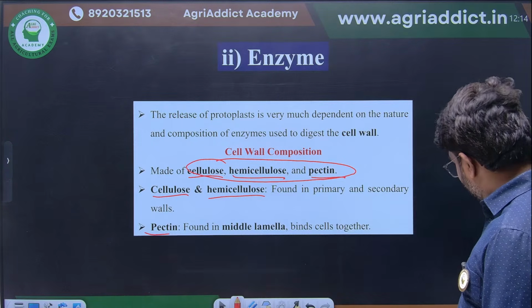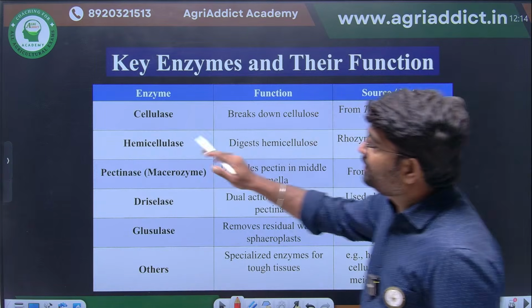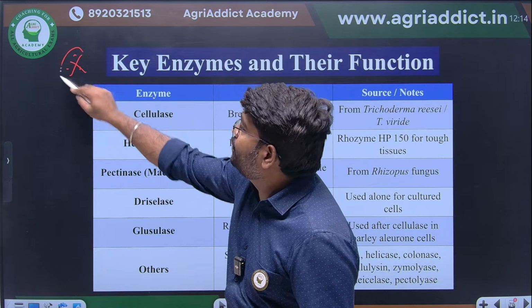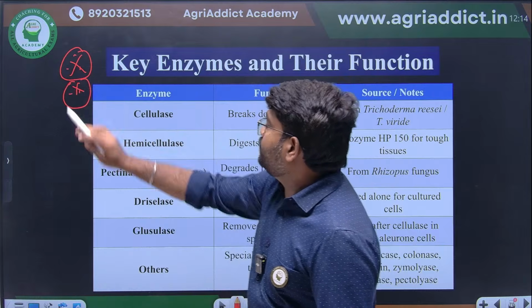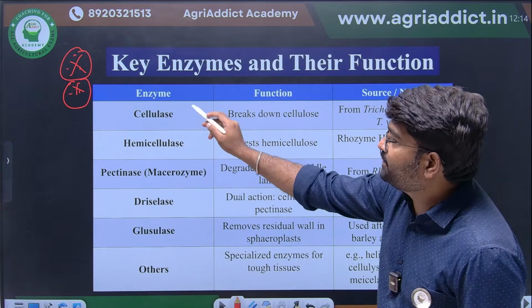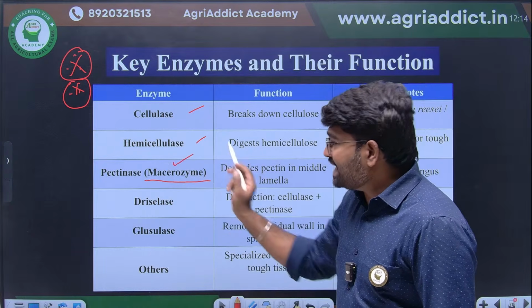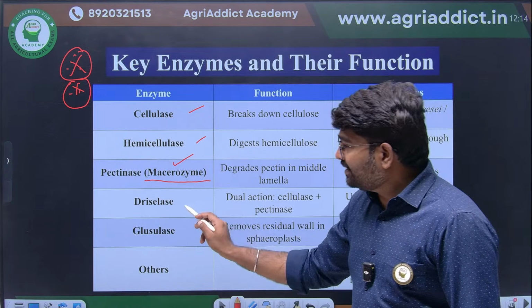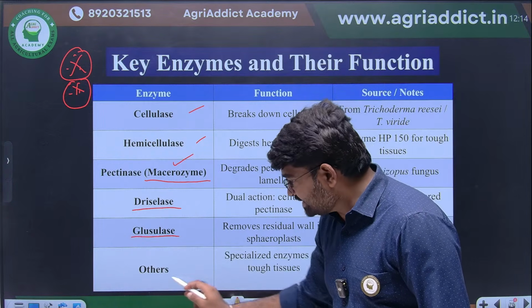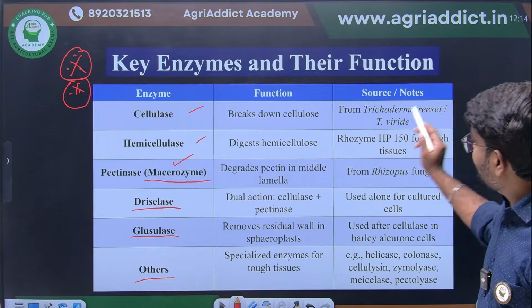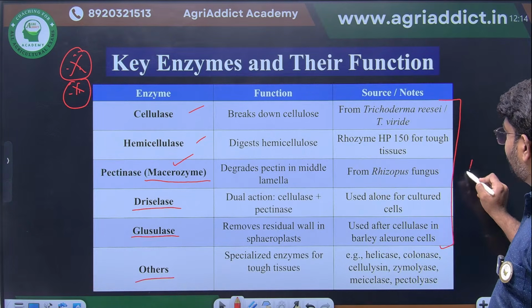These are the different sources of the enzymes. This slide is very, very important. You have to know the different sources of enzymes. Pectinase is also known as macerozyme. Then there are driselase and others, with examples and the source from which they were identified.